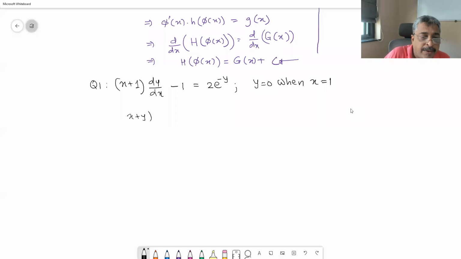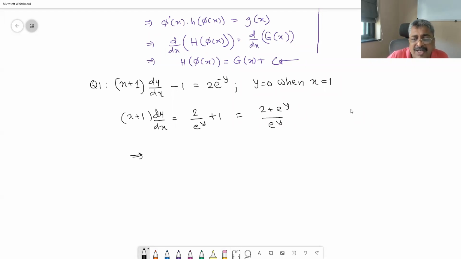dy/dx = 2 upon e raised to y plus 1 multiplied by x plus 1, which is equal to 2 plus e raised to y upon e raised to y.